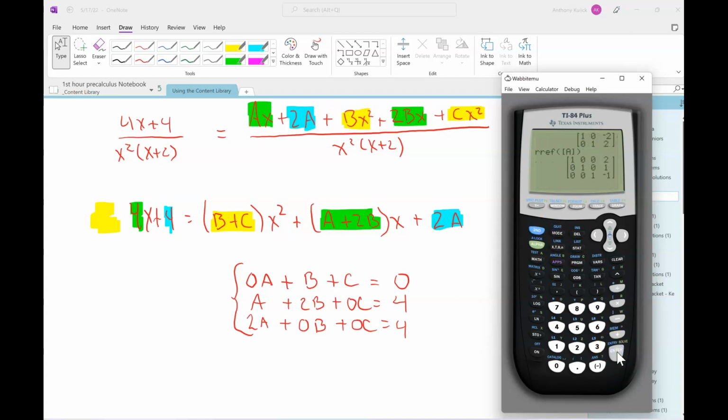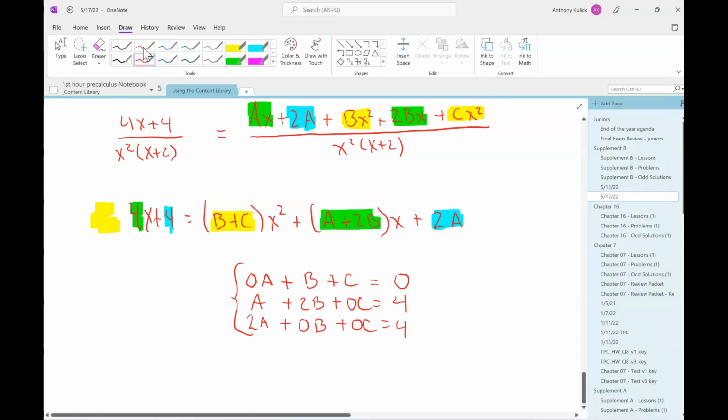Can you show me how to do the matrix button? Yeah, so I'm just pressing second and the x to the negative 1. Yeah, just to get some practice at it.